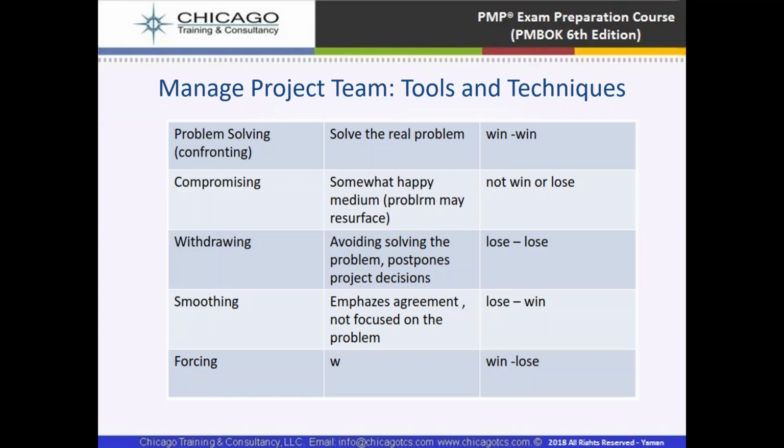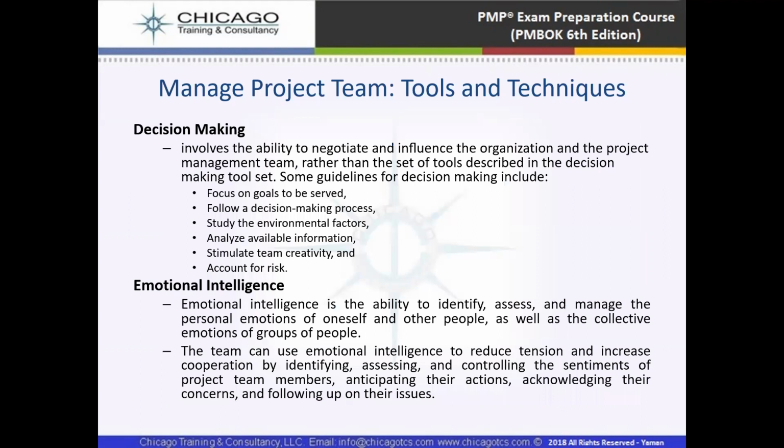In smoothing, we emphasize agreement and do not focus on the problem, so we emphasize the positive things. In forcing, we focus on winning, but we force our decision so that you win and you lose. So this is a win-lose condition.